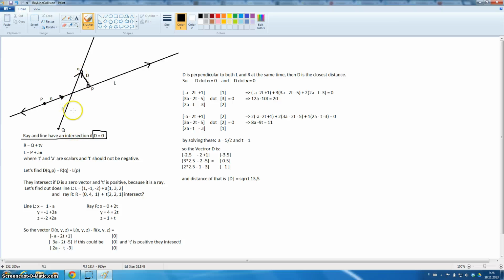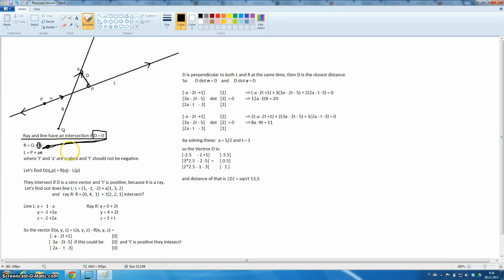And there is a second point: the scalar which is pointed from that ray also has to be positive, because it is possible that the line is in that vector's direction, but the intersection point would be over here, in the same line but not in the ray.